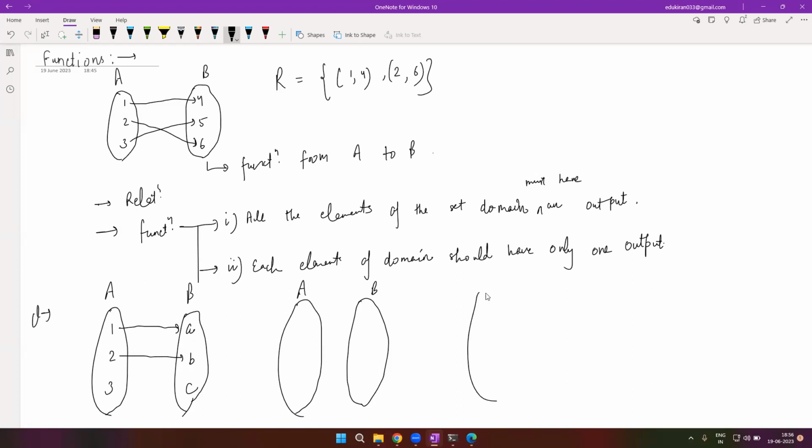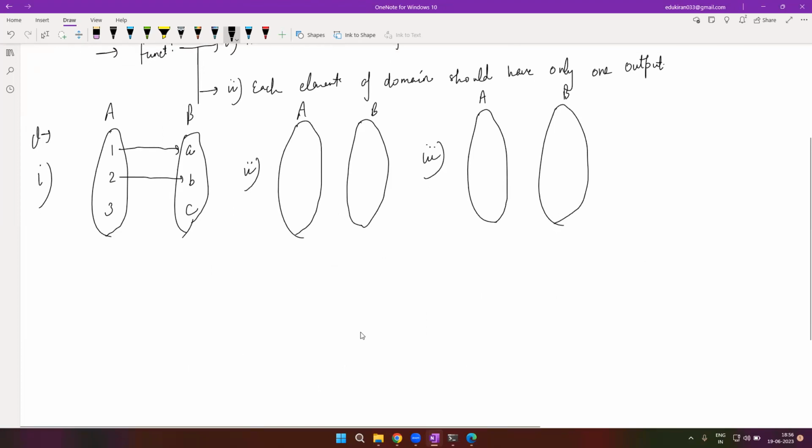You can give me your answers in the chat box. Then I'll also try to explain why we had these two rules. But first you understand.